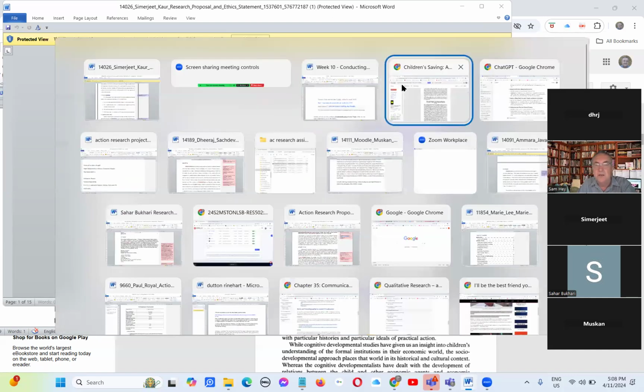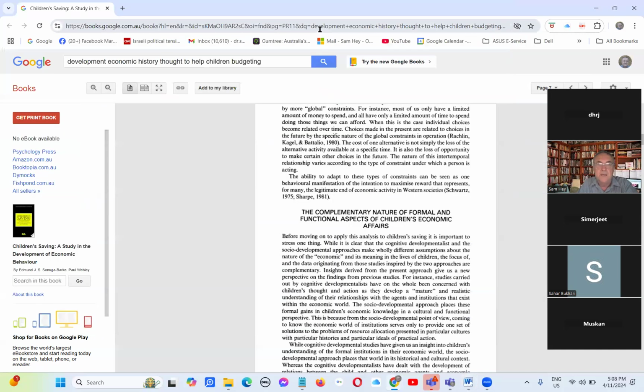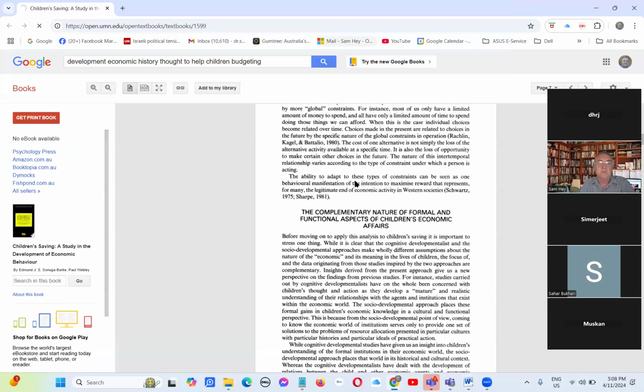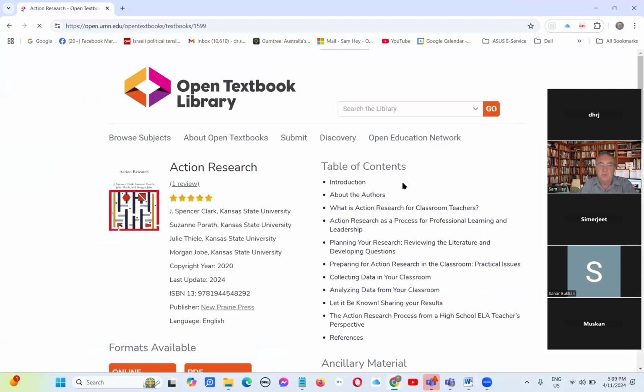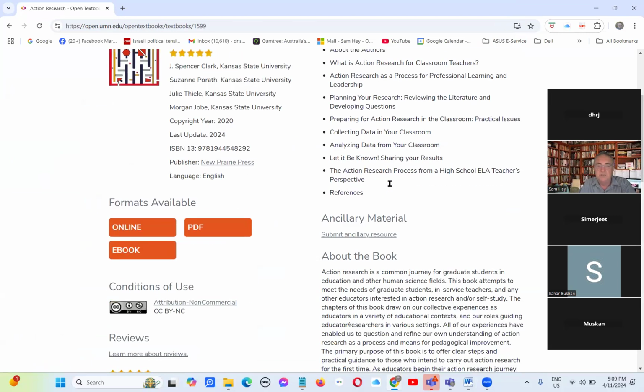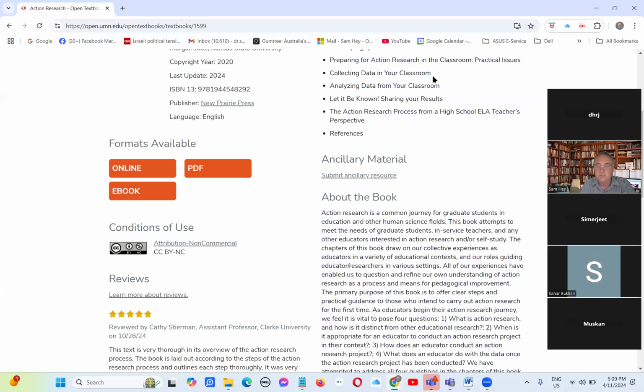And so I encourage you to think about engaging with all of the chapters in these books. But this is a particularly useful textbook on action research by Spencer Clark and Susan Perath from Kansas State University. And you can see some great insights there that you can use.